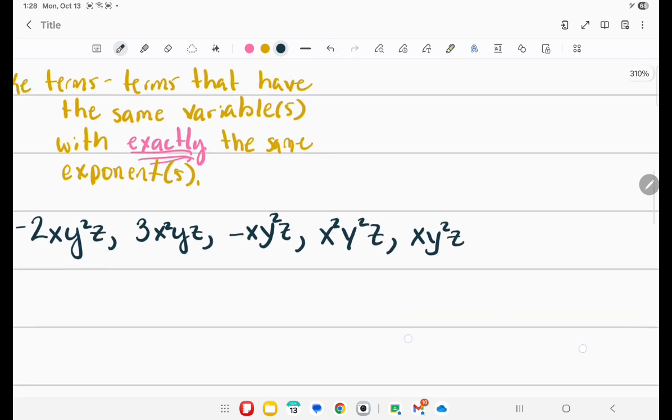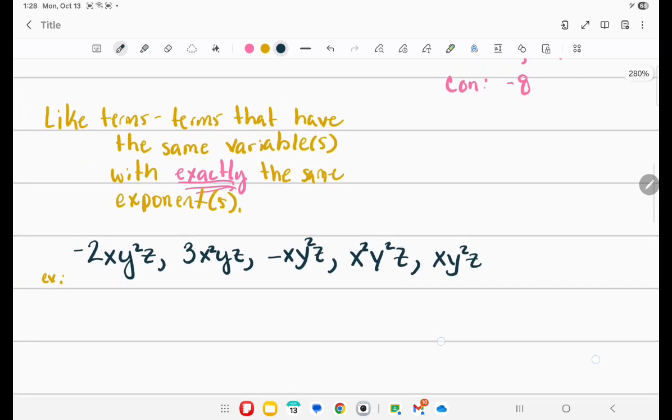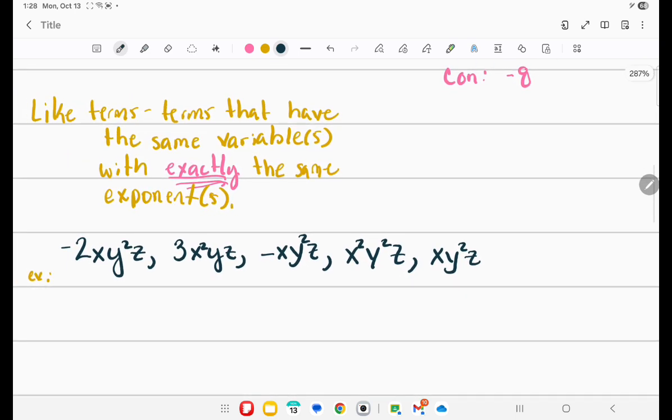Let's see if we can make sense of those hieroglyphics, as one student called it. It's just letters.